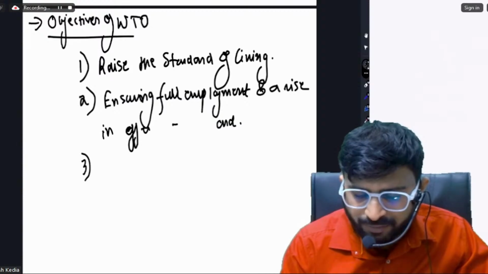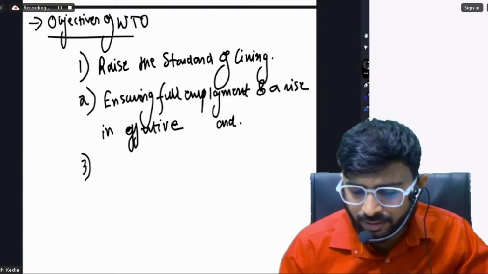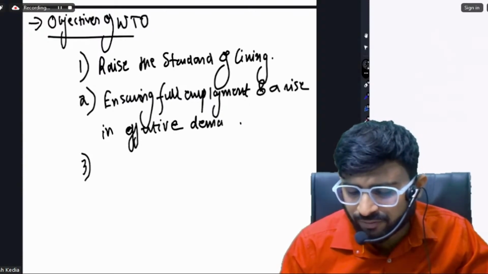The better word is effective demand, and a rise in effective demand.